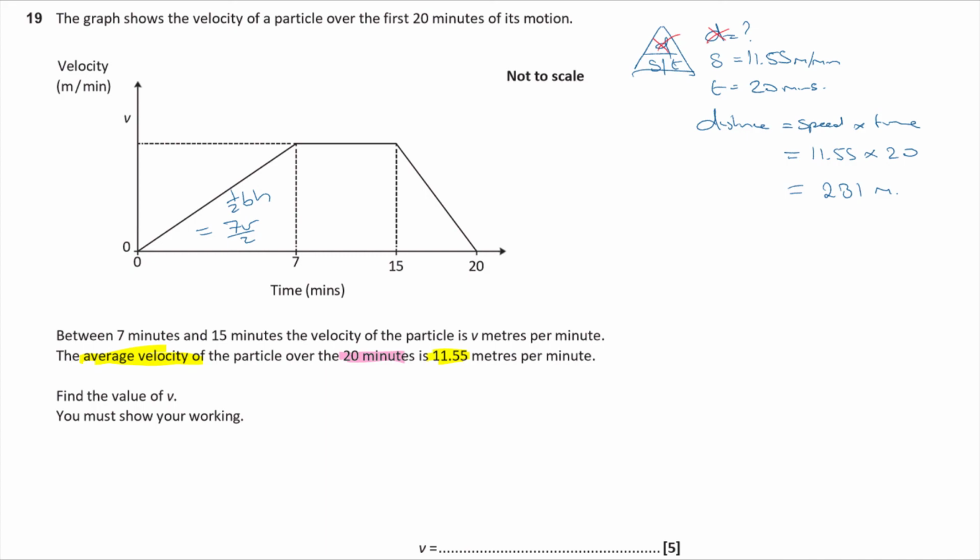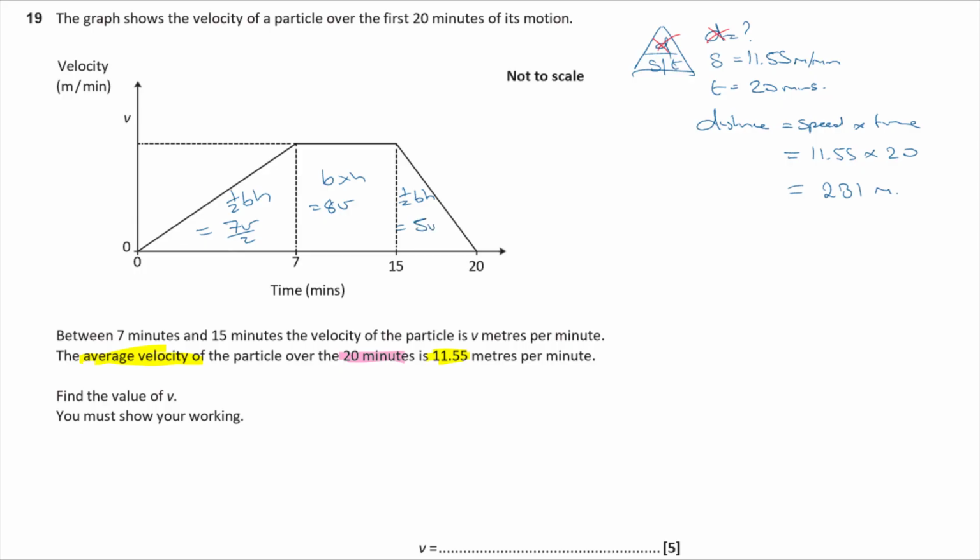This one is just base times height, or length times width. That's the difference between 7 and 15, a base of 8 and a height of v. That one's just 8v. And then finally, this one is a triangle again. So that's half base height, which is a half times the base, which is 5, times the height, which is v.